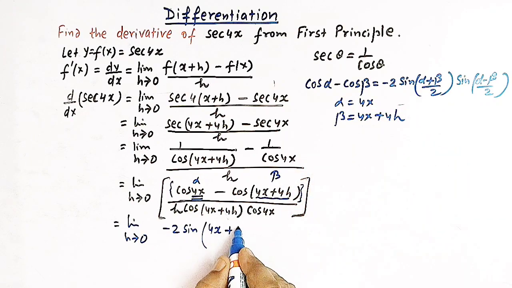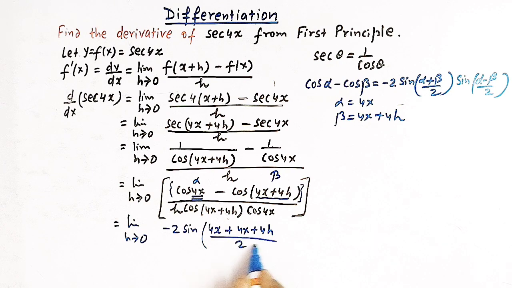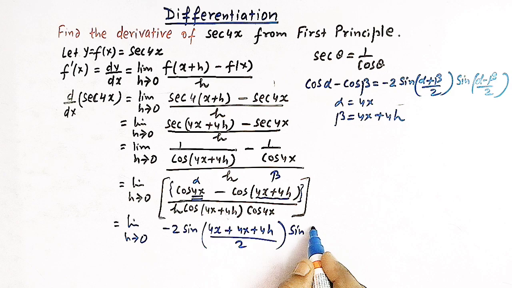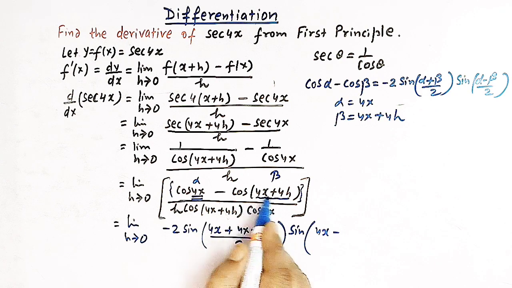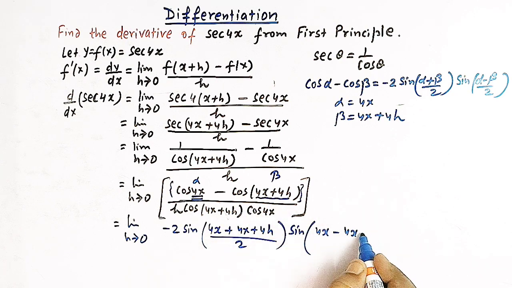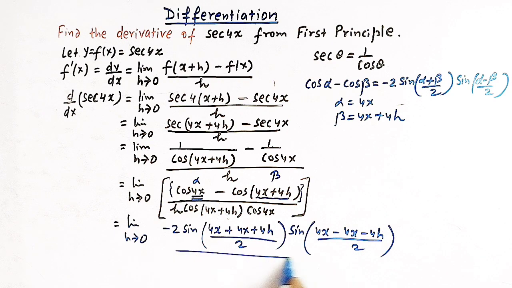So here we have (4x plus 4x plus 4h) divided by 2, and then we have sine of (alpha minus beta) over 2. So alpha minus beta is 4x minus 4x plus 4h over 2, and in the denominator we have h cosine of 4x plus 4h, and here we have cosine 4x.